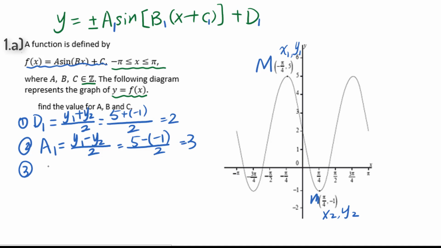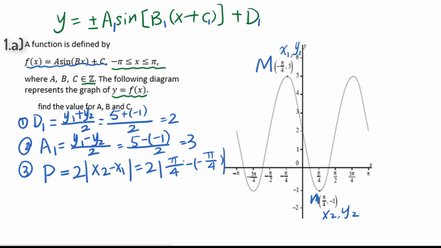Then the third step, we will get the period. The period equals 2 times the horizontal distance between the maximum and minimum. Let's do x2 minus x1. So we plug in: x2 is pi over 4 minus negative pi over 4.